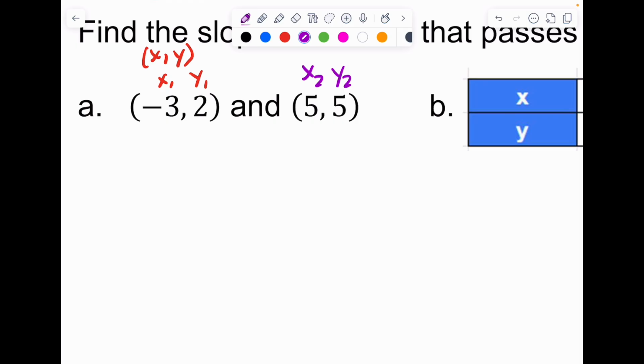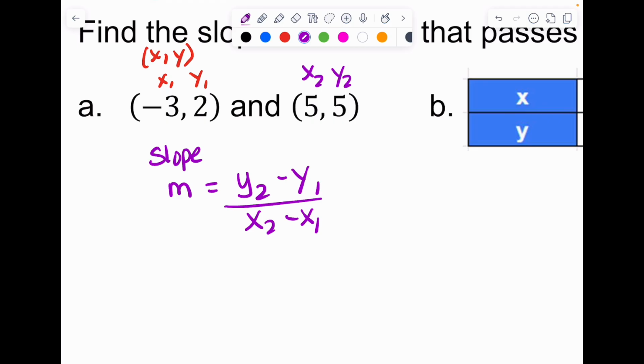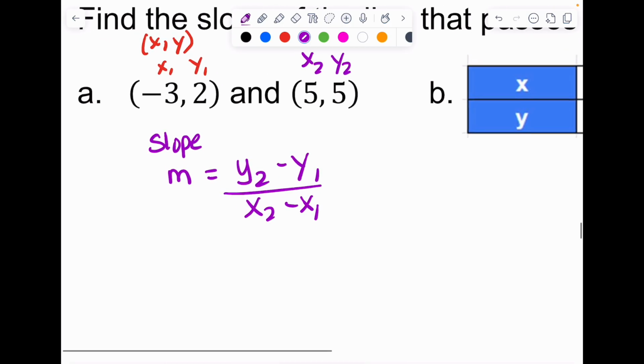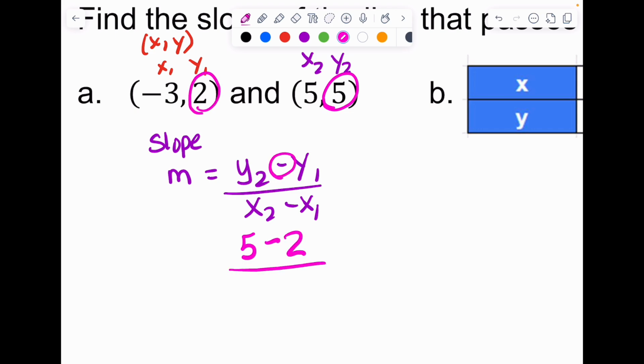So slope, the variable for slope that is used is the lowercase m. And slope is y2 minus y1 over x2 minus x1. So let's fill in those values. My y2 is 5. Carry down that, subtract. My y1 is 2. Write your fraction bar.